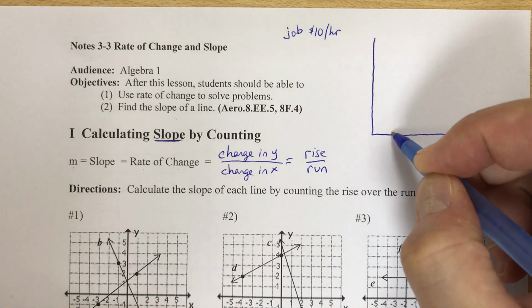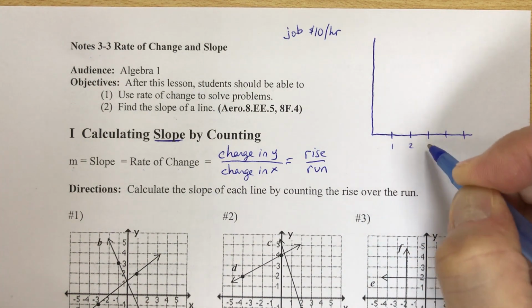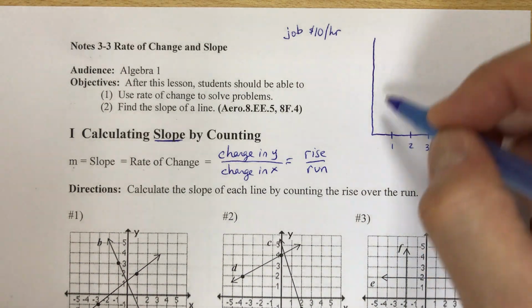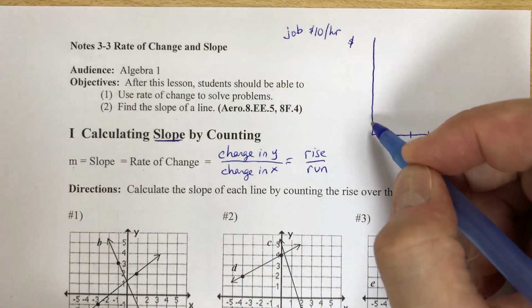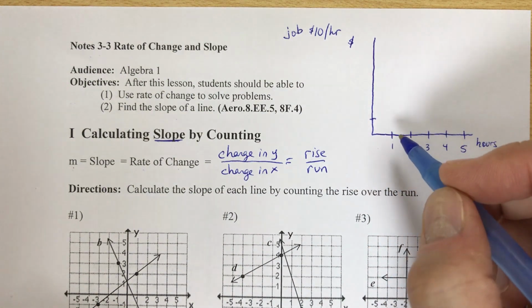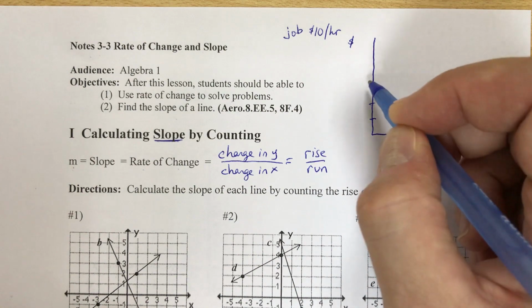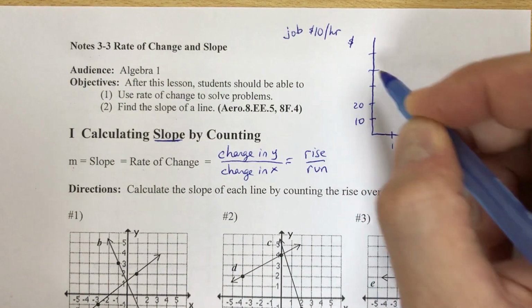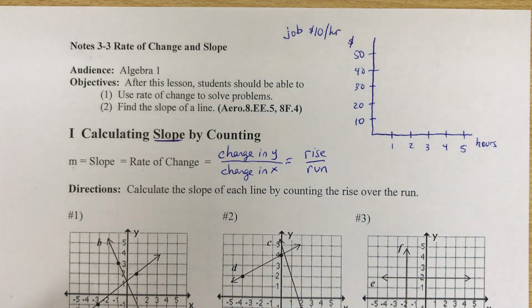So we're going to graph 1, 2, 3, 4, 5. Let's say that our x-axis is the number of hours. And let's say that the y-axis is the money that we make. Okay, and I'll count here. I'm not going to count by ones because we make 10 bucks an hour. So let's do this, 4, 5. Let's count by tens. Okay, 10, 20, 30, 40, 50.